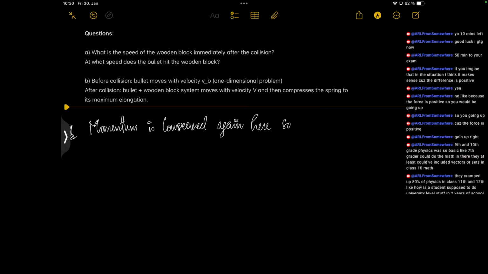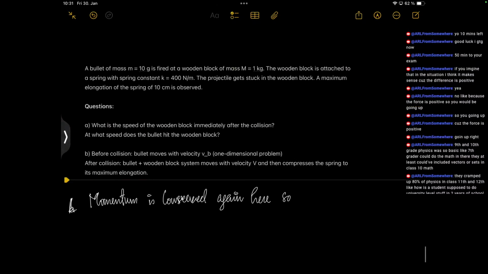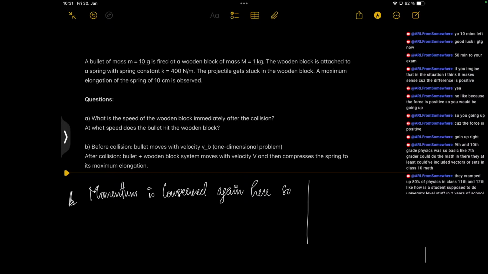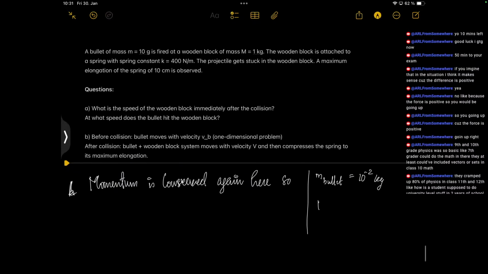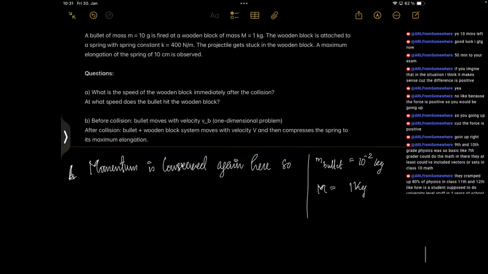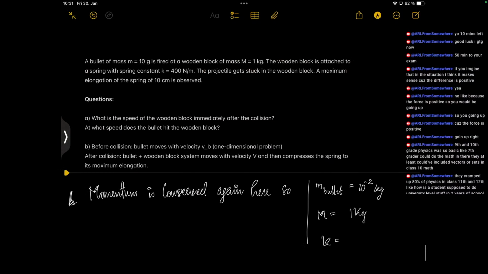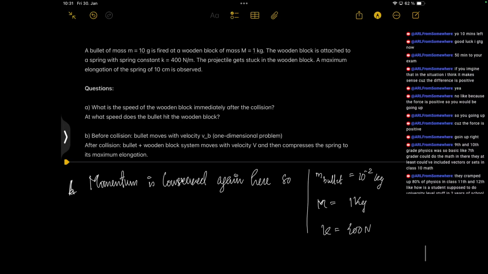So 10 raised to minus 2 Newton per meter. Okay.